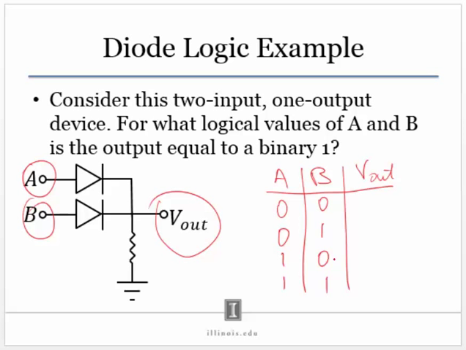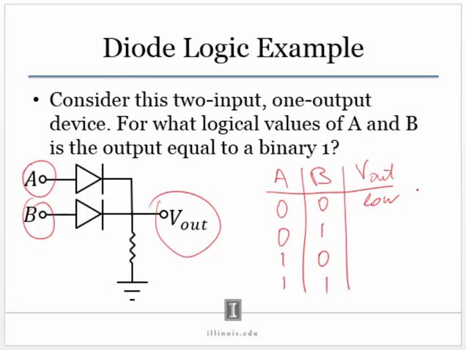So if we just consider low inputs, in this case A is 0 and B is 0, the diodes are not going to be turned on, no current should flow, and the output should just be 0. So the output will be low.